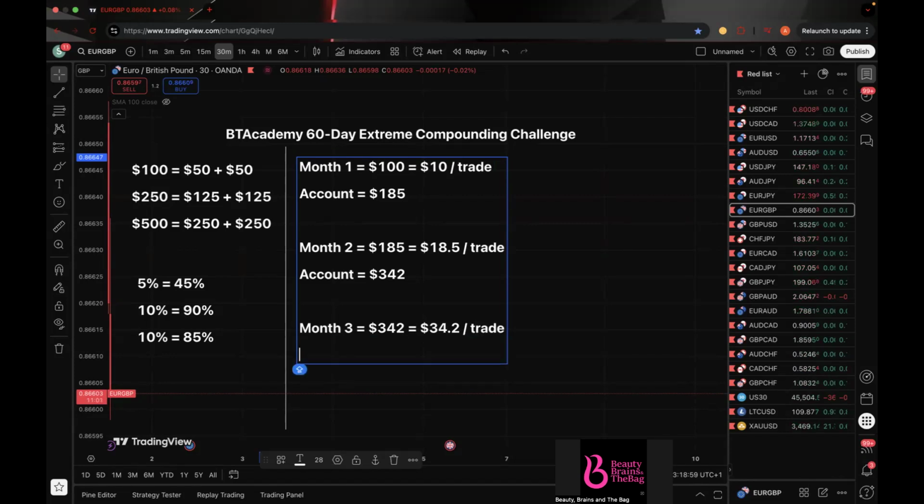If we hit our profit target of 85%, that would mean your account should grow by 1.85 to $633. That is for the $100 account.